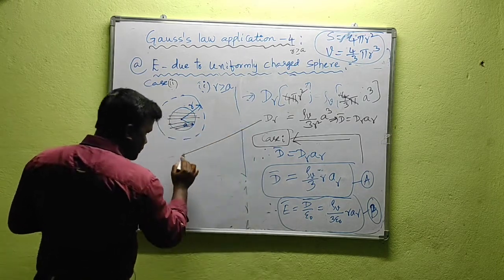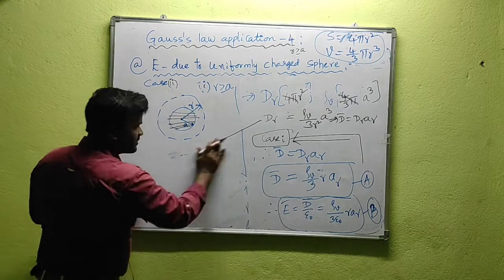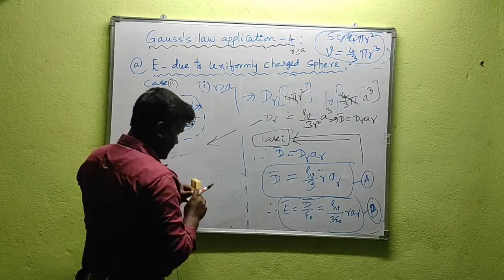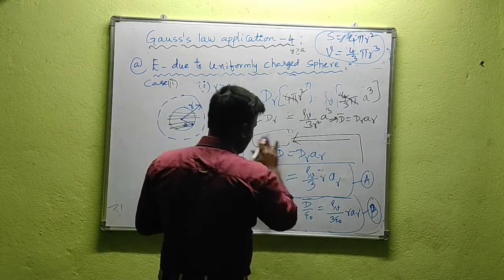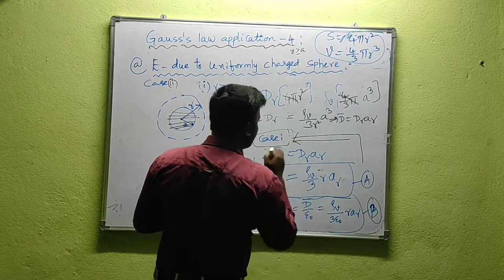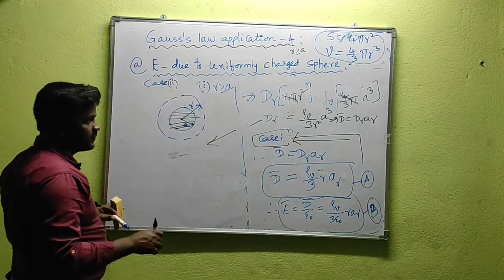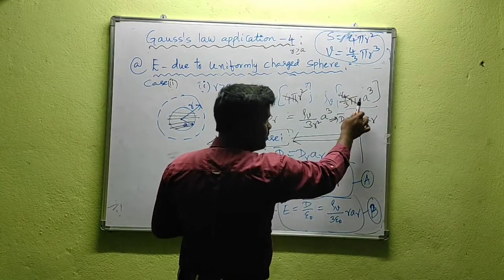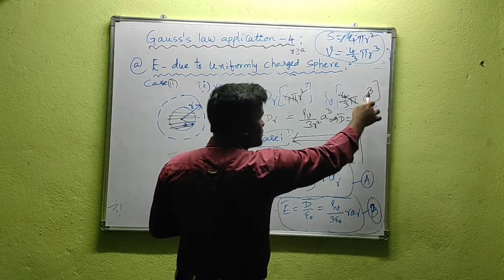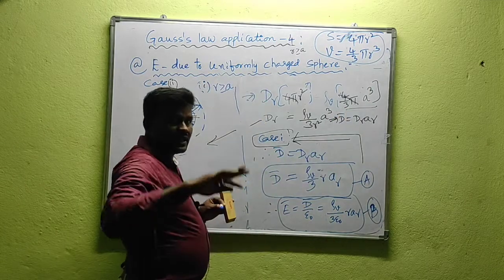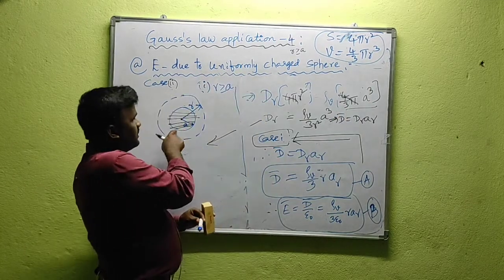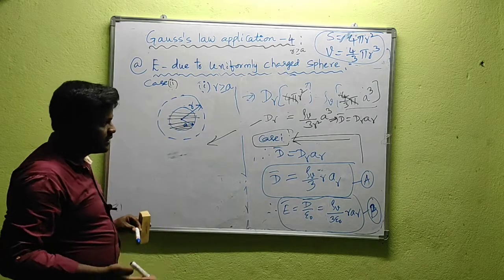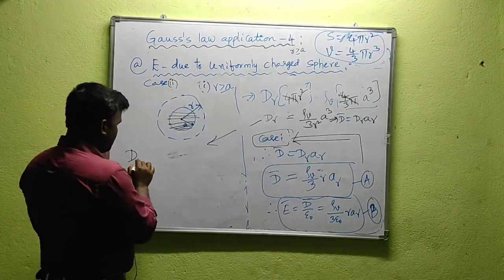Case 1 is the blue one. Coming to case 2, here I consider the enclosed volume, the charge enclosed by the volume of the sphere with radius a. The enclosed sphere is this black one, so that's why Dr is as follows.